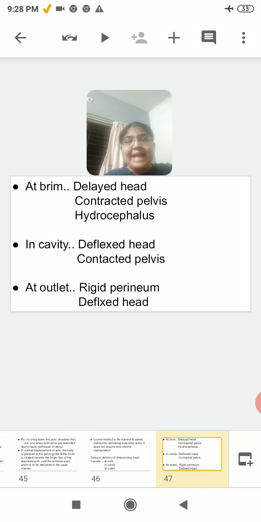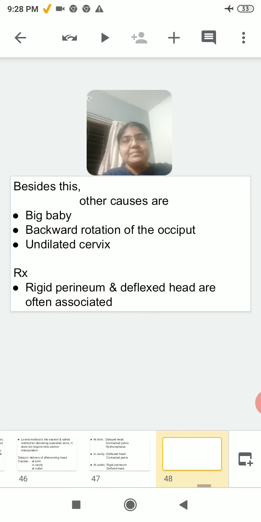It is contracted pelvis, not contacted. So again, please find the spelling correction. At the outlet, the causes are rigid perineum and the deflexed head. Besides this, the other causes are big baby, backward rotation of the occiput, and the undilated cervix. All these causes will cause delay in delivery of the aftercoming head.